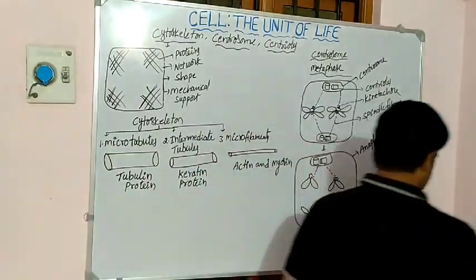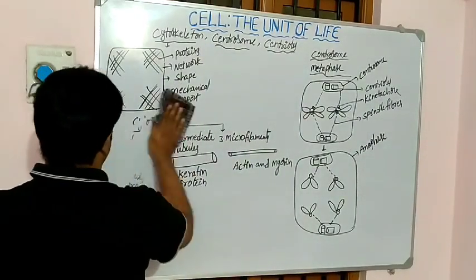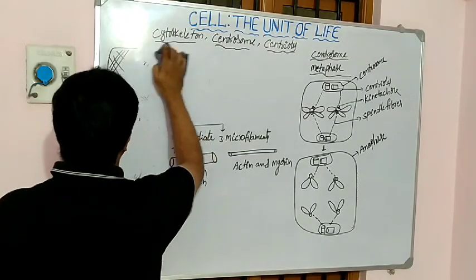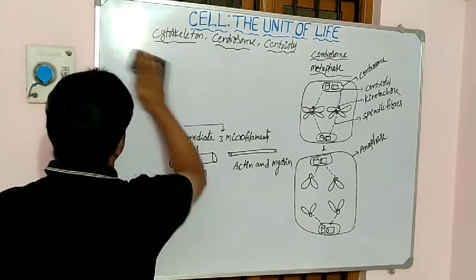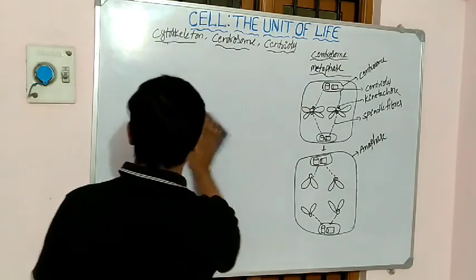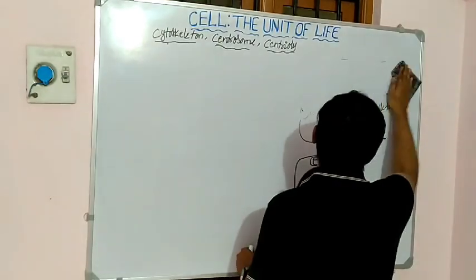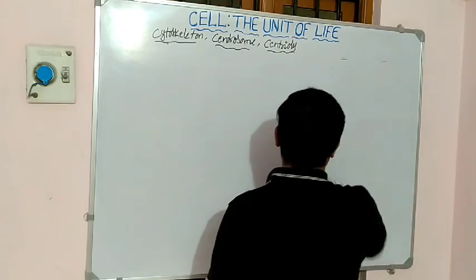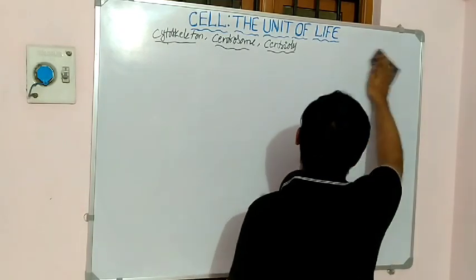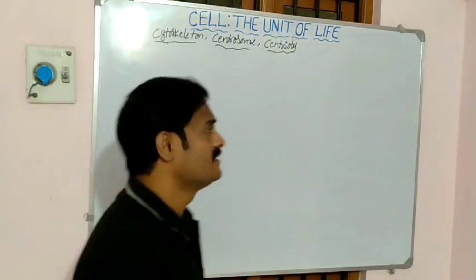How are the microtubules arranged in a plant cell?